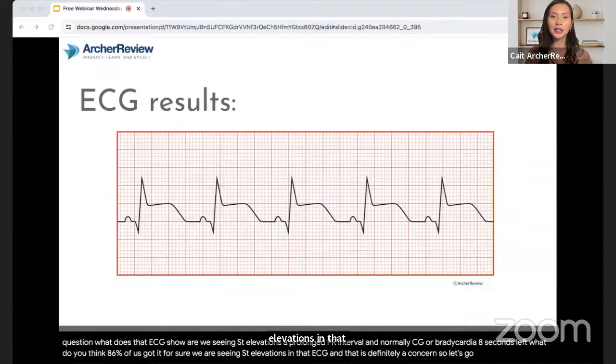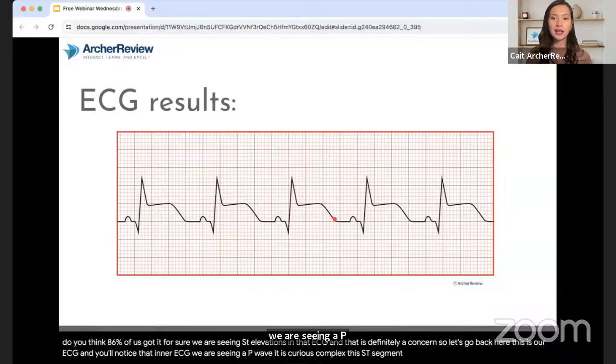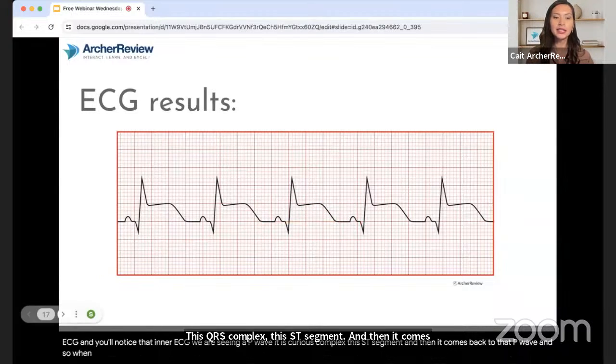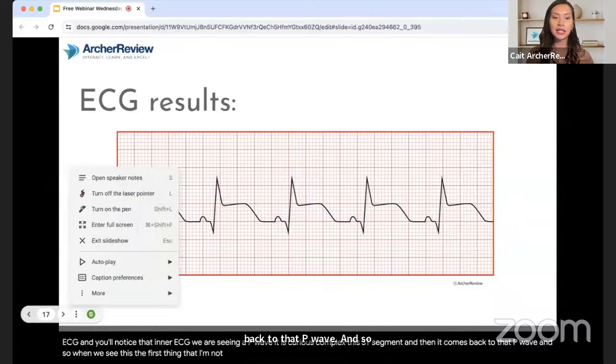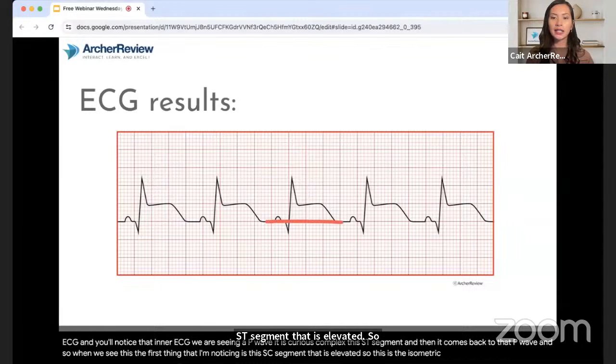So let's go back here. This is our ECG, and you'll notice that in our ECG, we are seeing a P wave, this QRS complex, this ST segment, and then it comes back to that P wave. And so when we see this, the first thing that I'm noticing is this ST segment that is elevated. So this is the isometric baseline here.